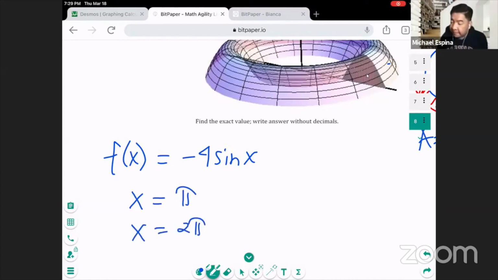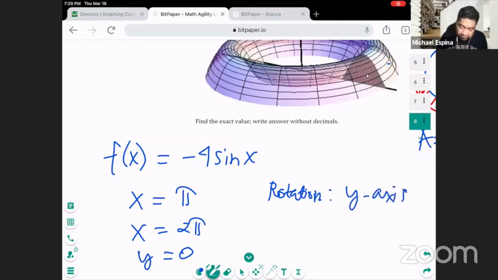And then we have y equals 0. And where do we need to rotate? The rotation is at the y-axis. And of course, we need to find the volume.